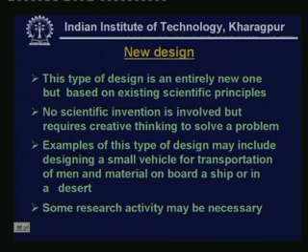So, what we understand by the new design is that the product is not available in the market, but there is a possibility that if you can look or if you can design something like that, it might be helpful to mankind as a whole, people as a whole.